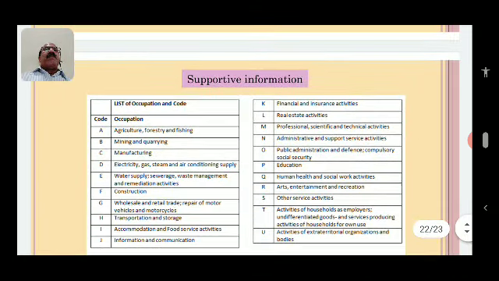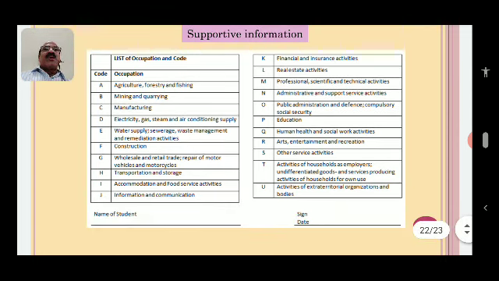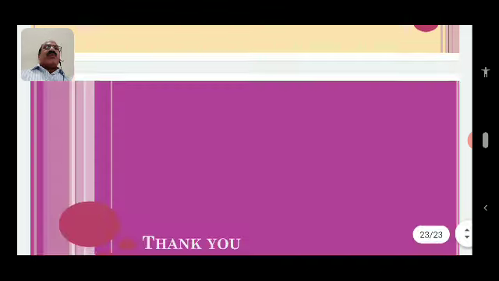Besides that, when you are having a questionnaire, you may not remember all those things. Sometimes a supportive information base or some explanation is required. So those things are also there, like the list of occupation codes. These are as per the NSSO.